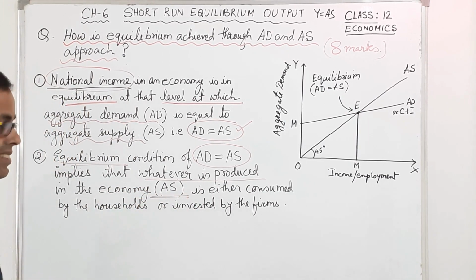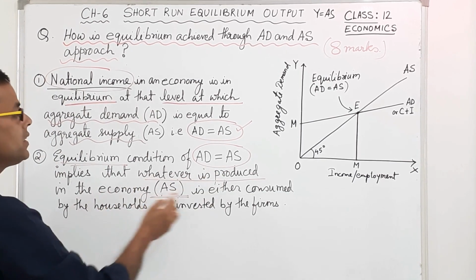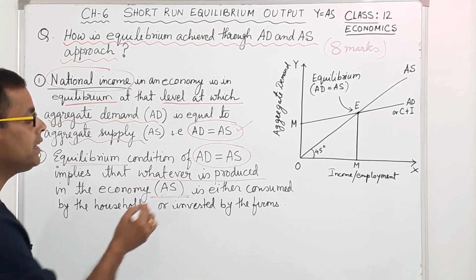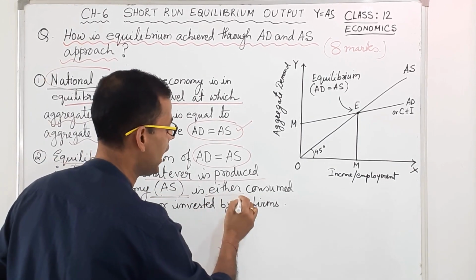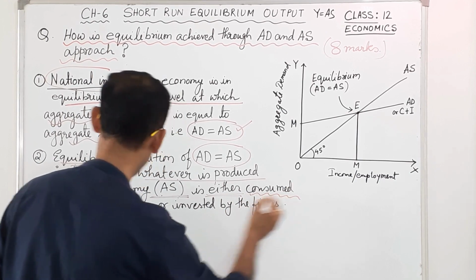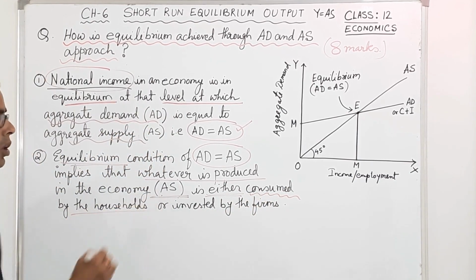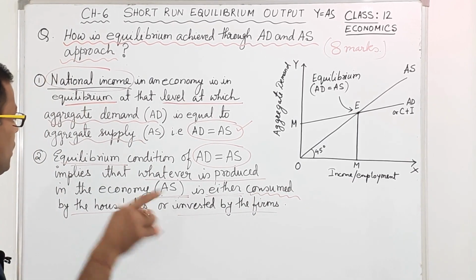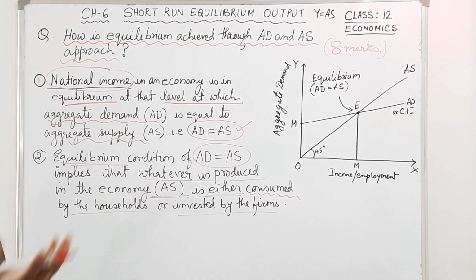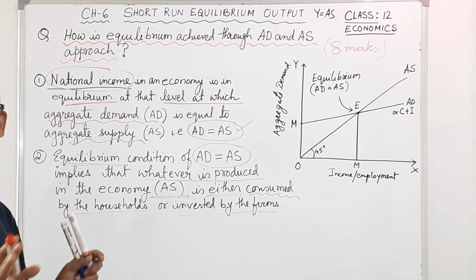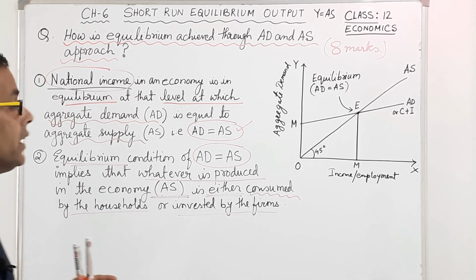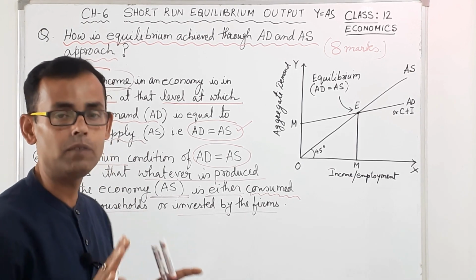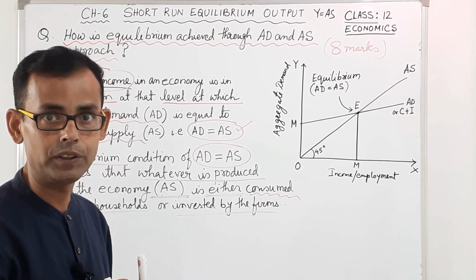So whatever is produced in the economy, that is called aggregate supply, and those things are either consumed, taken by the households, or invested by the firms. Why households and firms? Why is there no government? Because we are assuming that it is a 2-sector economy. Clear or no? Up to this much. Then we will move on to the next point.